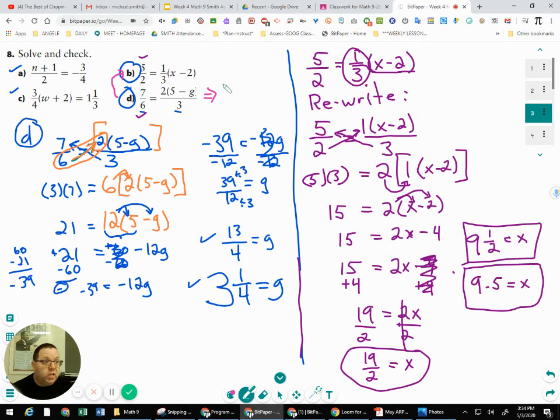This question could have been written like this. 7/6 is equal to 2/3, and then wrote it like this, 5 minus G.